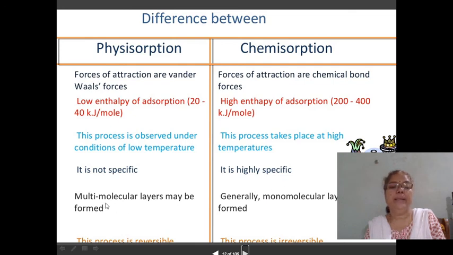Then in physisorption, multi-molecular layers may be formed. That means multi-molecular adsorption occurs, and in case of chemisorption, generally a monomolecular layer is formed. Then physisorption is a reversible process, and remember that chemisorption is an irreversible process.